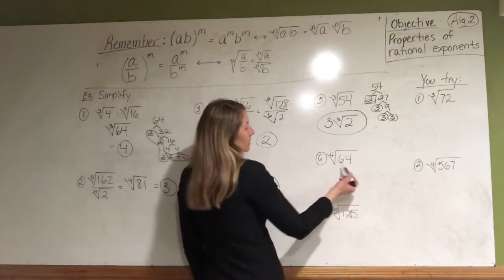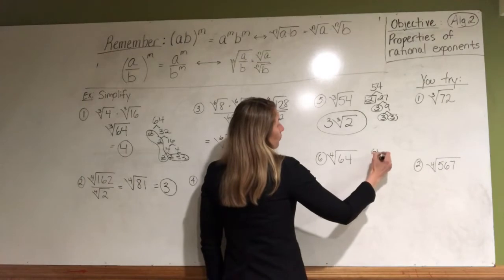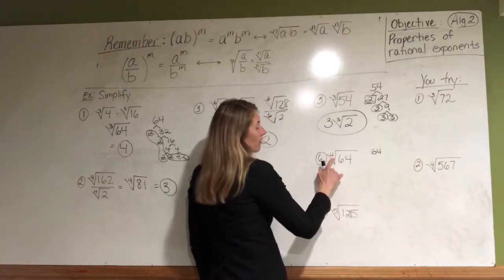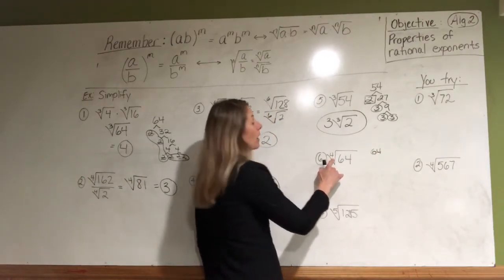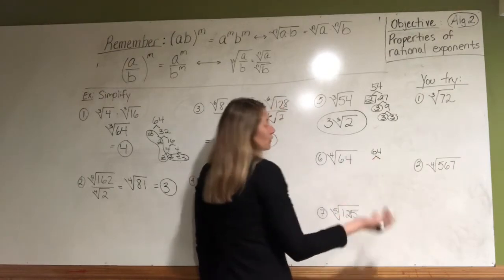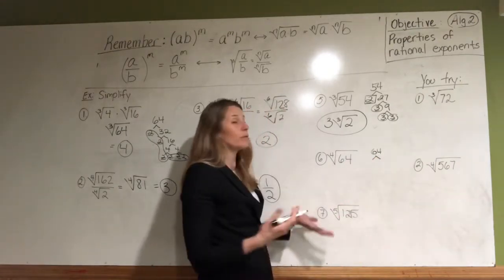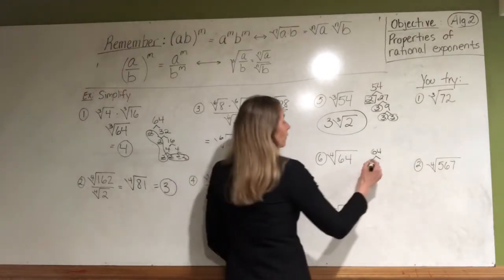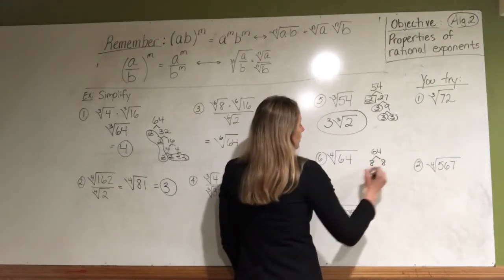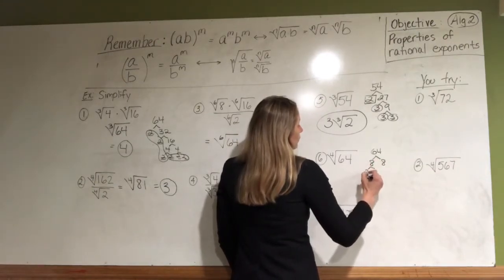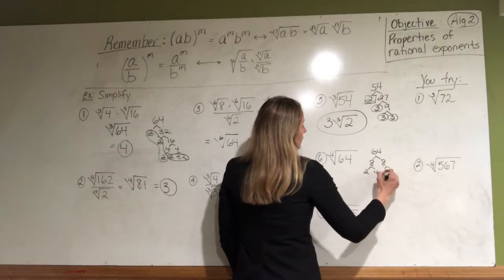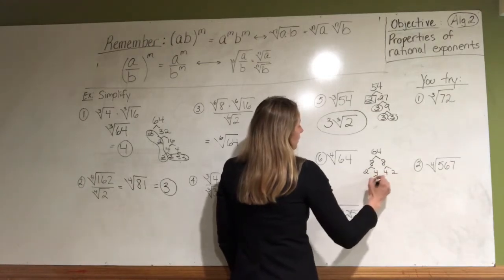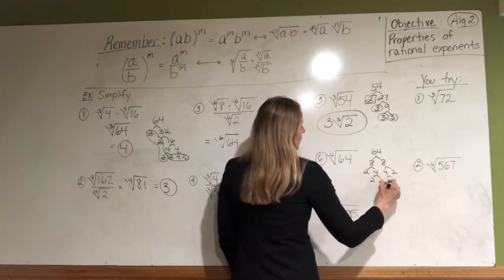Okay, number 6, 64, but we need a group of 4 of the same factor in order to remove it from the radical. So however you want to break up that 64, you can do 2 and 32, you can do 8 and 8, whatever you feel like doing. And then I'm going to do each of these as 2 and 4. And then we have a couple more 2's there.